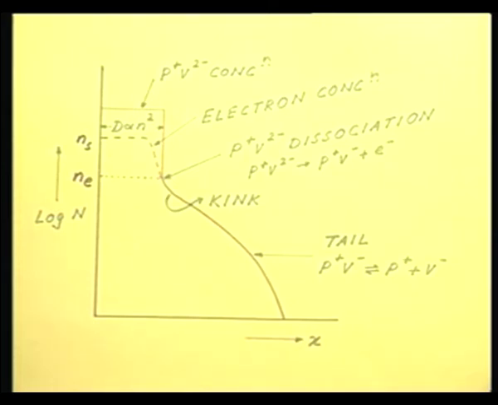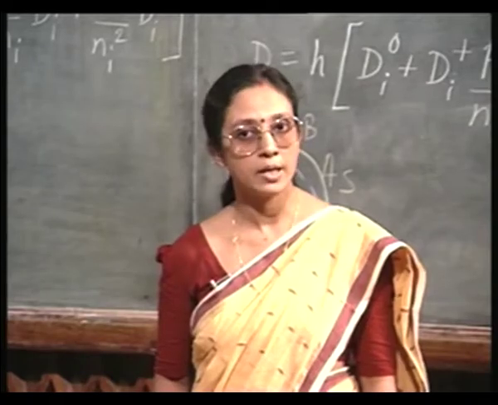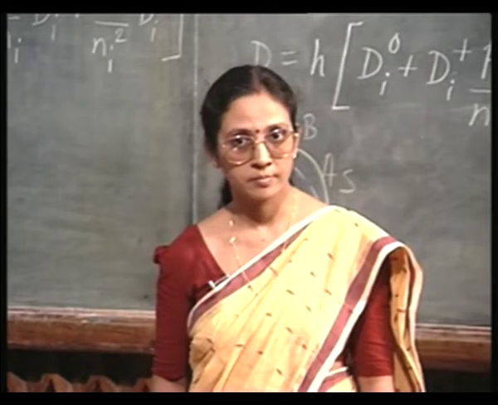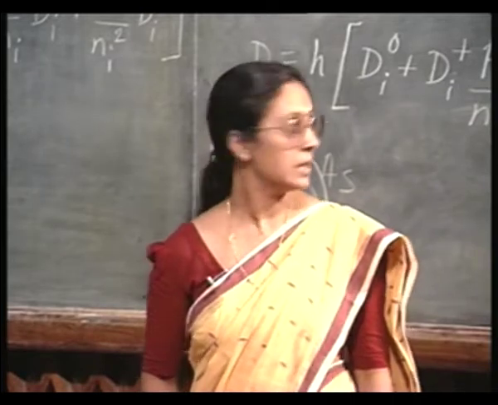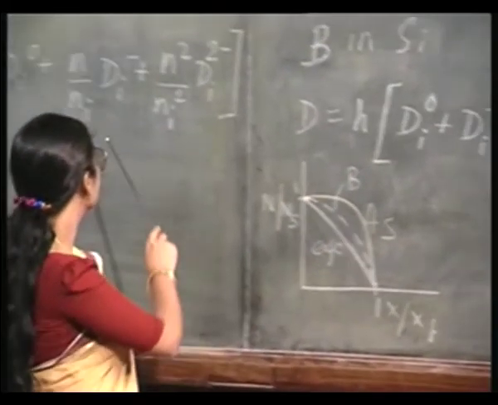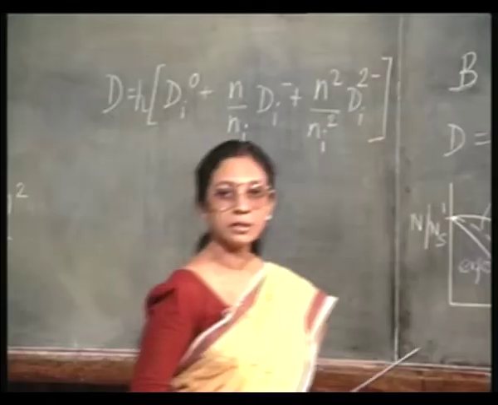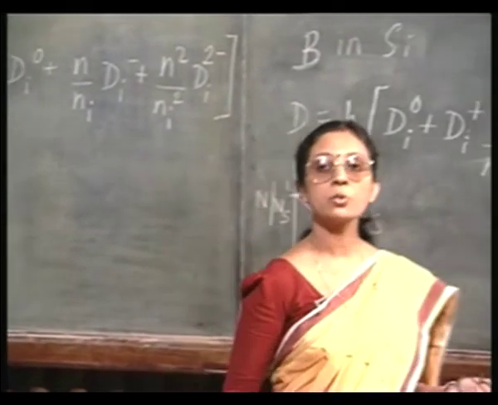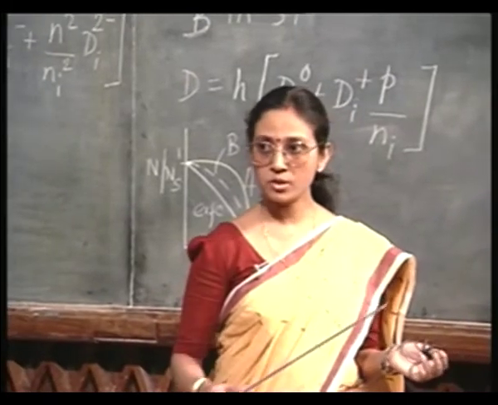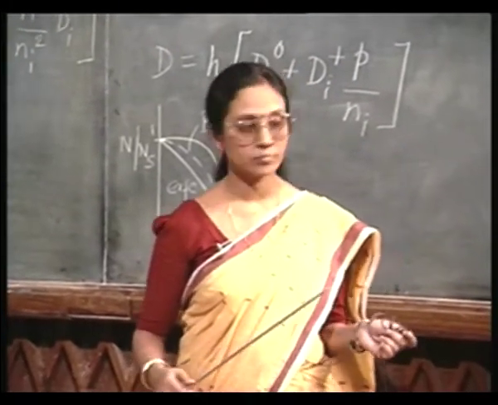So, this is where we have a kink, because now the diffusion coefficient is no longer proportional to n square. Now these other terms start to dominate, so that the profile is no longer so abrupt, but it tends to be more flat.